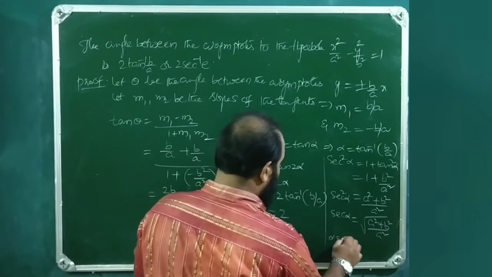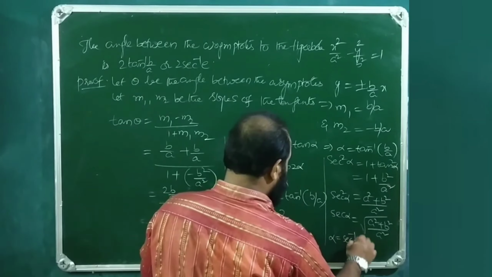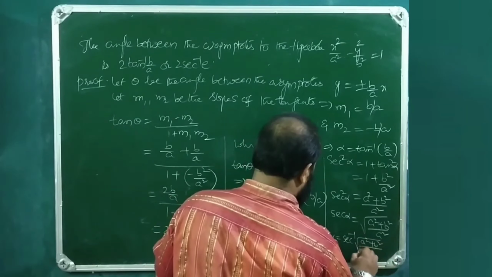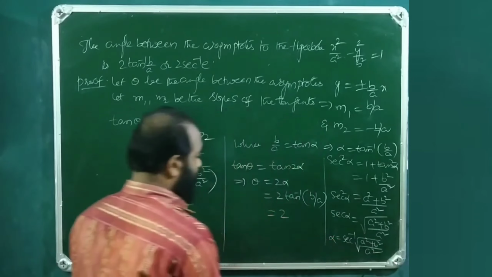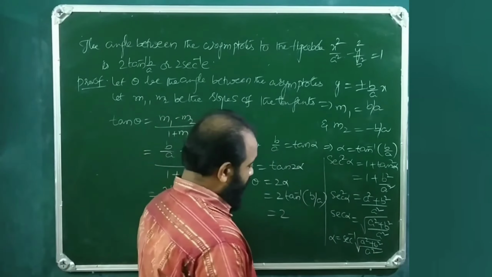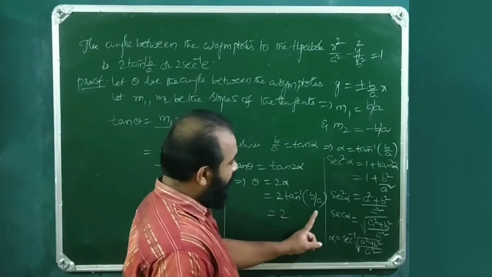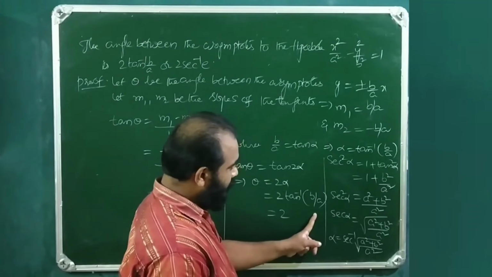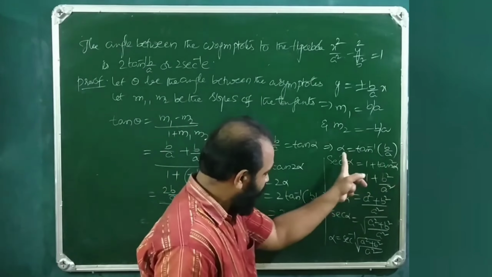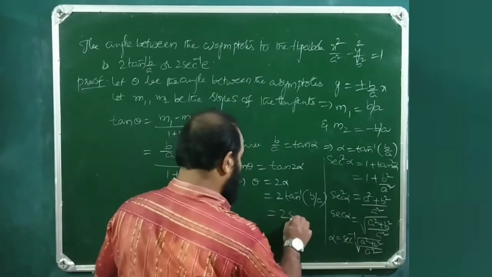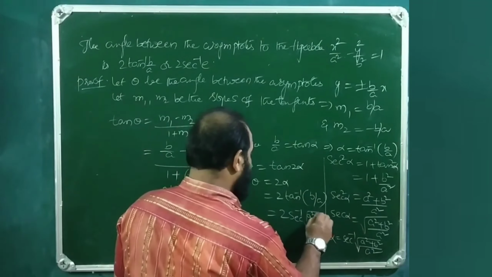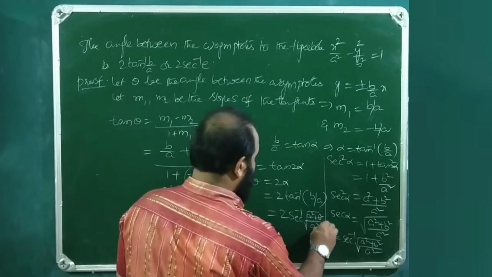So alpha equals to secant inverse square root of a square plus b square by a square. The same alpha is tan inverse b by a.